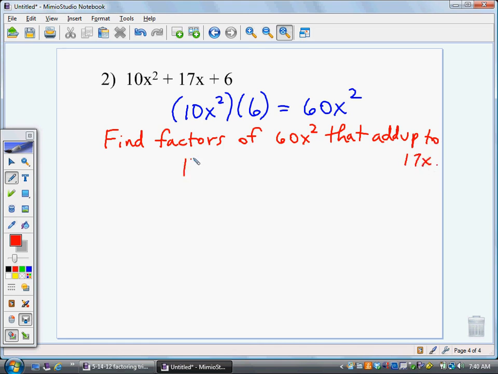And those would be 12x and 5x. And so we rewrite it: 10x squared plus 12x plus 5x plus 6.